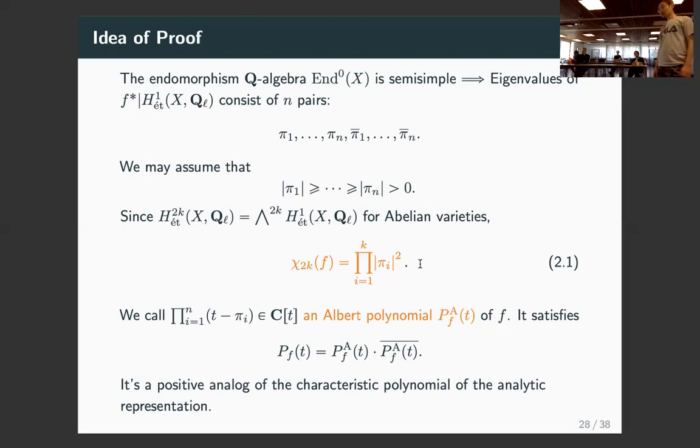Then we call this product polynomial, the product of (t minus pi_i), the Albanese polynomial of f, denoted by P_f^A.